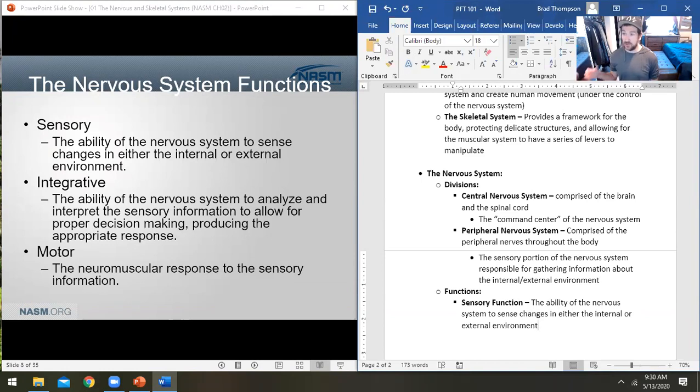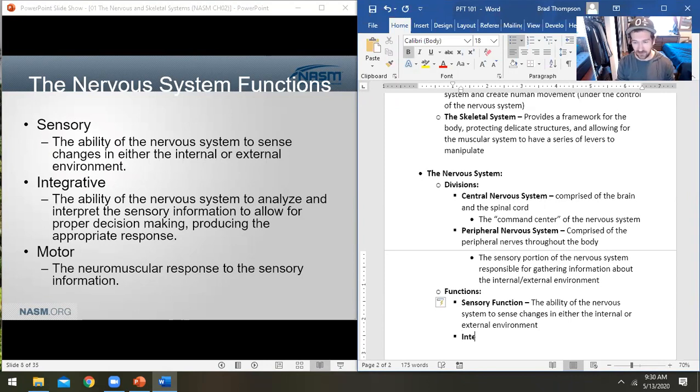If it's a hot stove, it's sensing that information. If it's a cool wall, it's sensing that information. So this doesn't really have anything to do with how we actually move. Rather, it's just gathering information. We're not really figuring anything out here. But we will be able to figure out with our next function, which is integrative function.